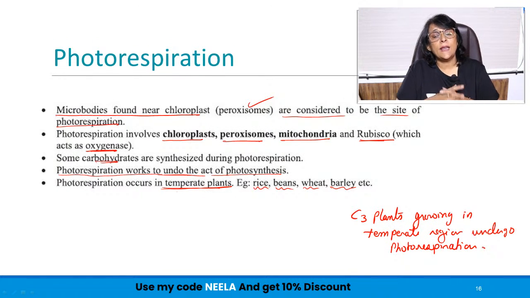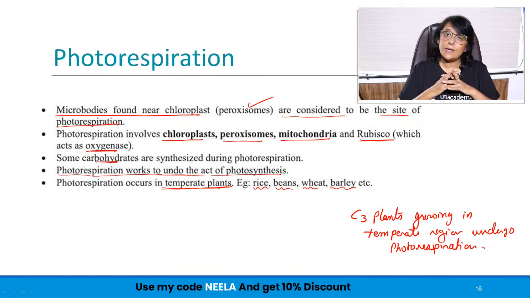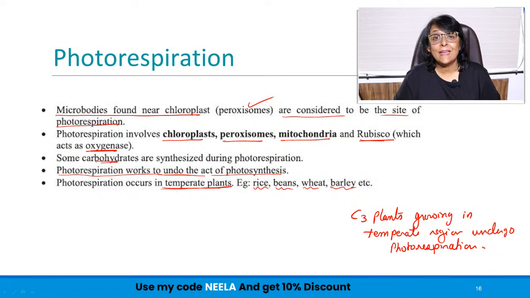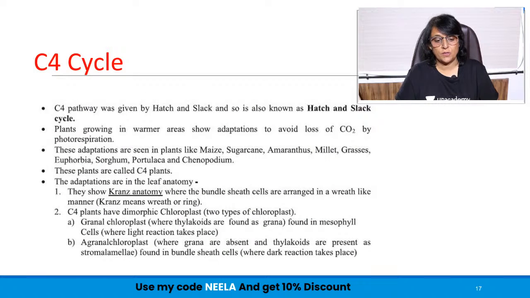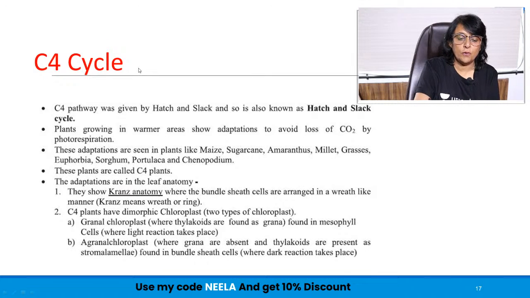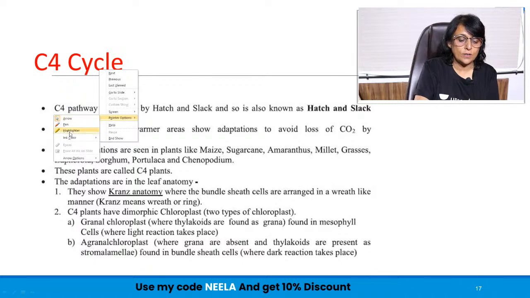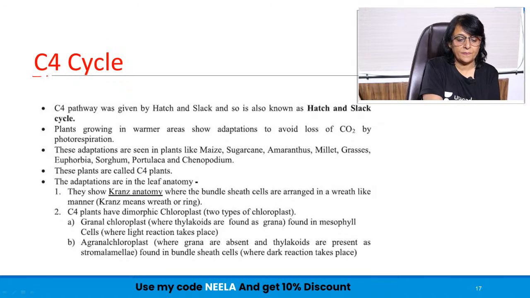Now, is there any other option that the plants can totally avoid this photorespiration? So there are plants which show adaptations and they have completely avoided photorespiration, and for that they follow a different pathway which is called C4 cycle or C4 pathway.